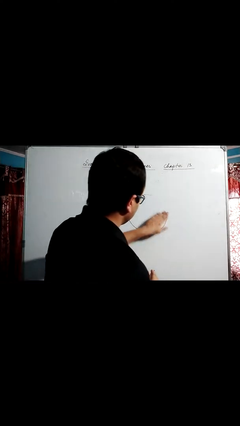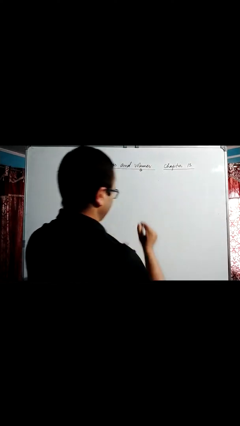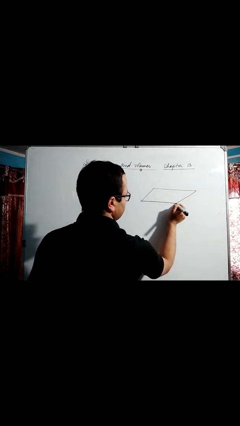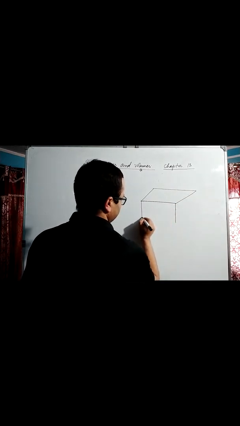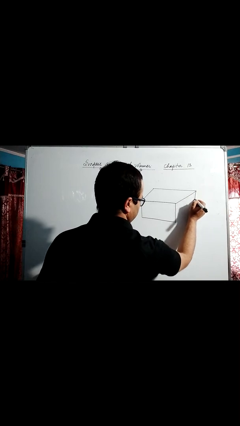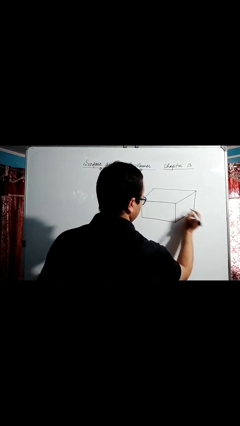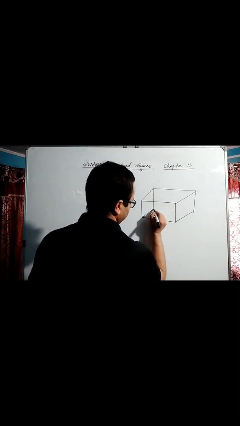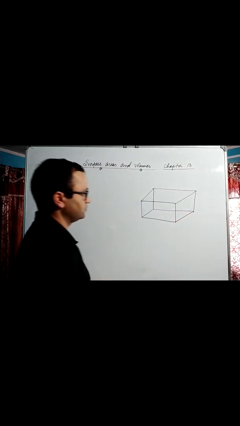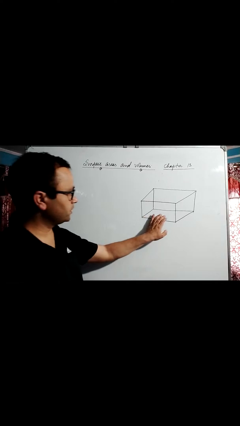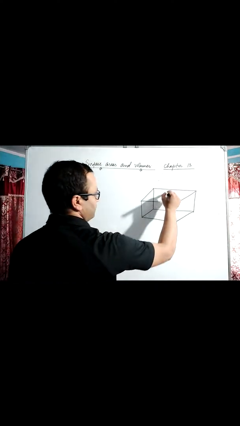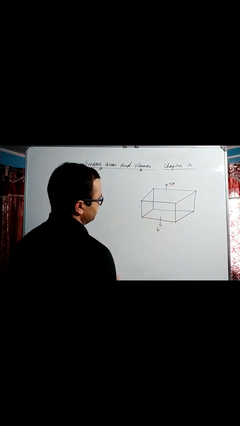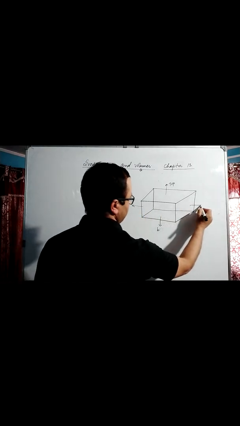Now let us consider the cuboid. In a cuboid, there are six faces. Opposite faces of a cuboid are equal. The top face and bottom face are equal. Sidewise faces, this face and this face, are equal.